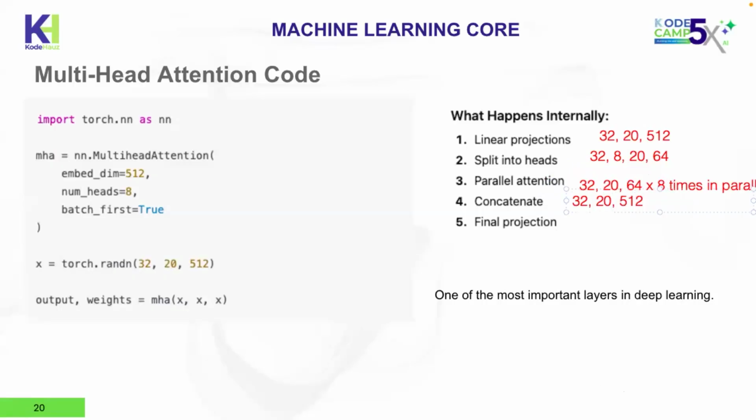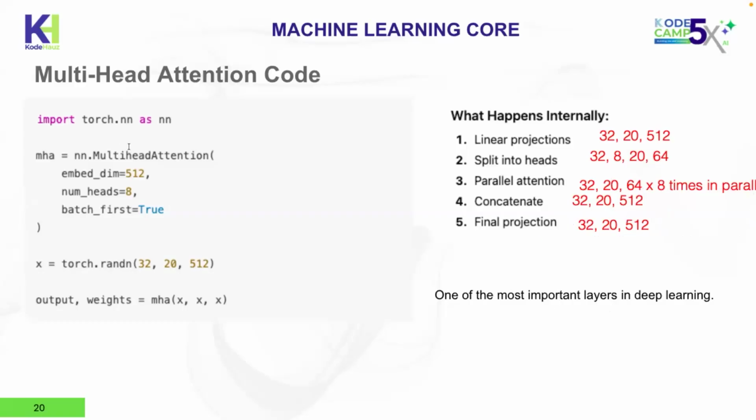So you join back the 8 by 64 depth heads, right? And then that will be your final projection. So the final projection is going to basically be that 32 by 20 by 512. If you want to do anything else with it, maybe pass it through a linear layer or something, you do that.